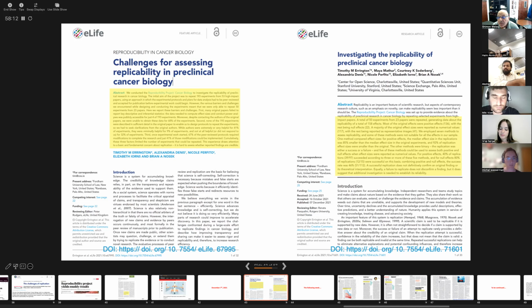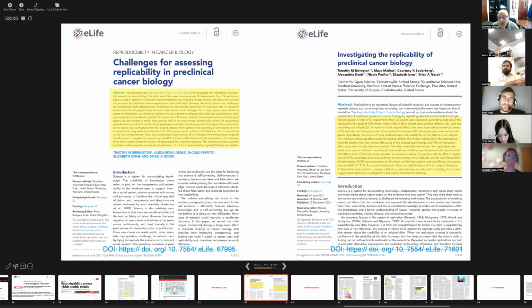Most of the original effects were positive effects, with the rest being null effects. A majority of the original effect sizes were reported as numerical values, with the rest being reported as representative images.